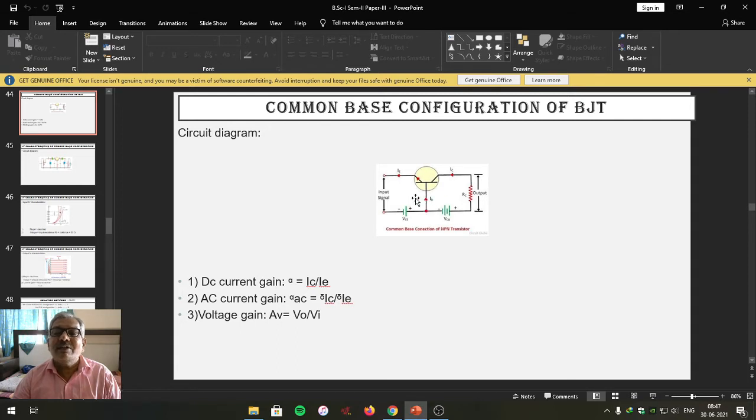With this type of biasing, it can be used as an amplifier. Another aspect is that input signal to be amplified is provided between emitter and base, whereas output is taken across the load resistance or collector resistance connected between collector and that of base.